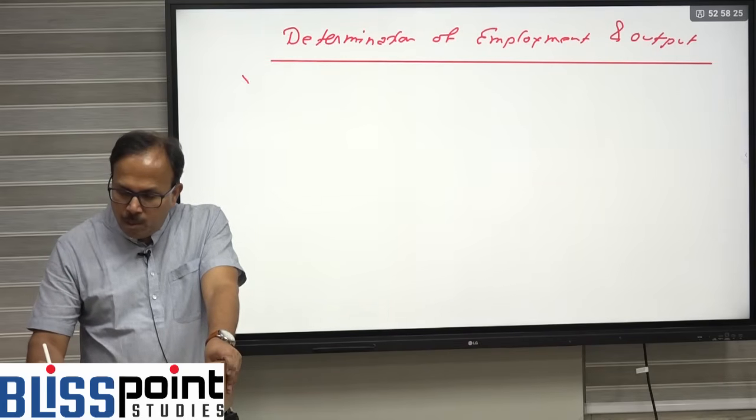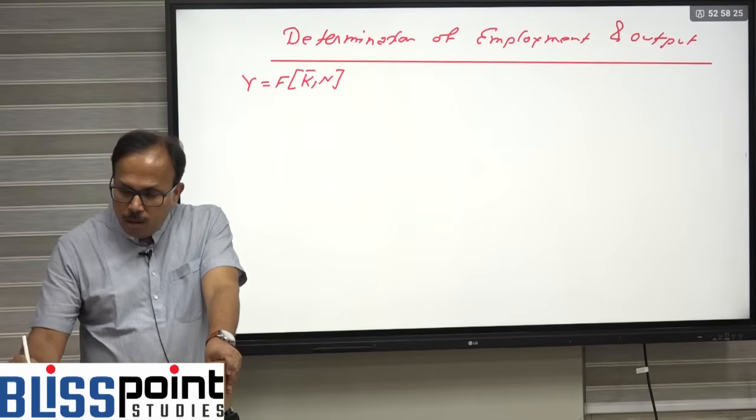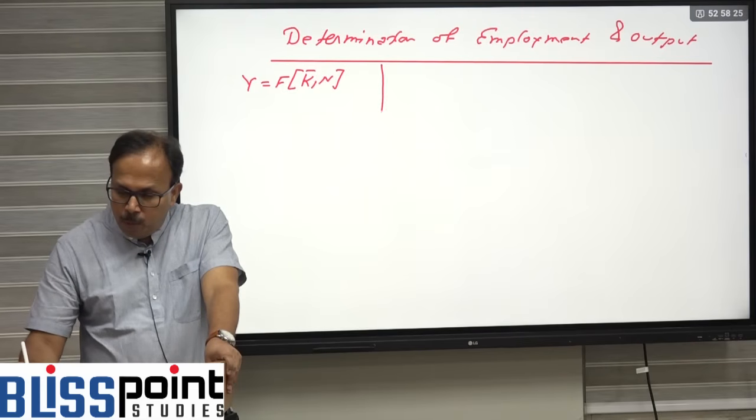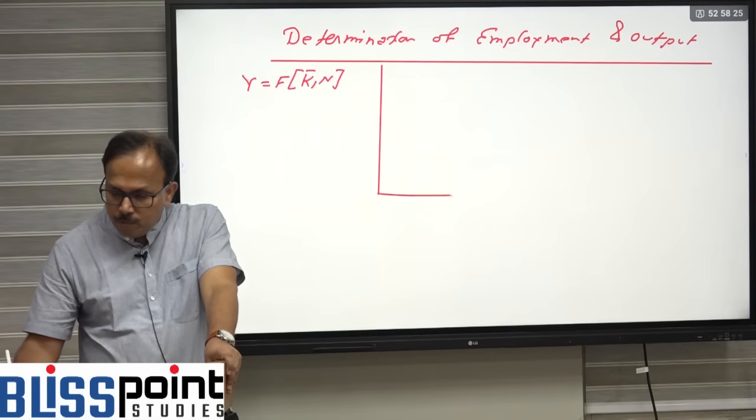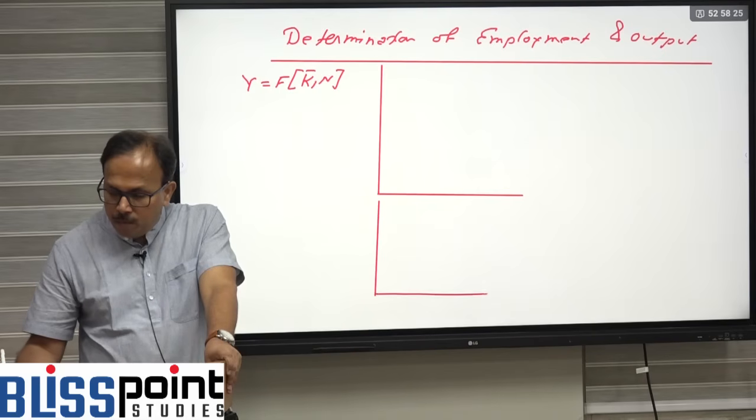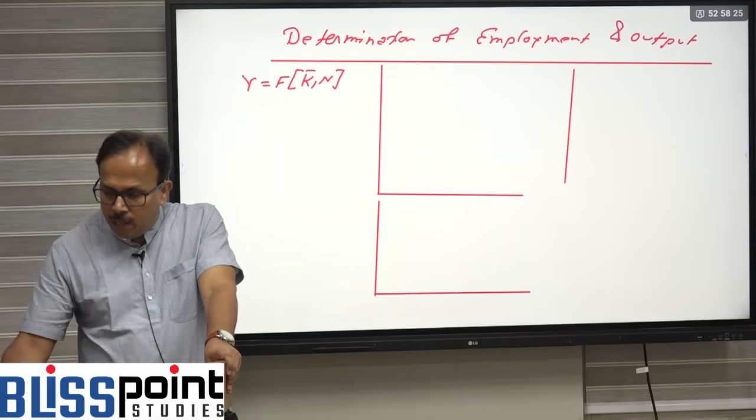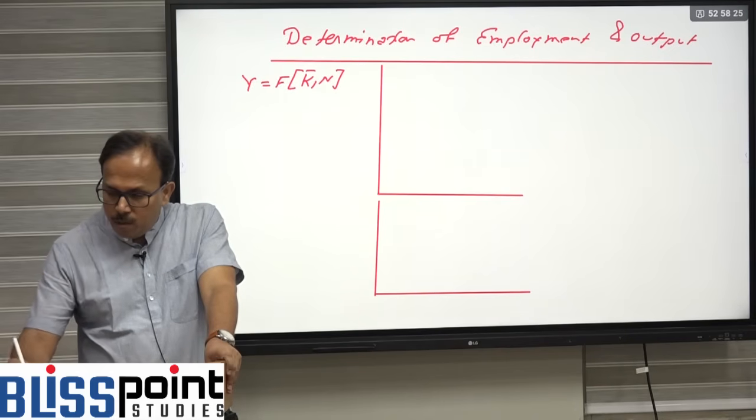We have written the production function here, Y as a function of capital and employment of labor. So I will draw one as the production function. From that function we can draw the labor demand, and now I will derive the aggregate supply curve also. Vertical line.